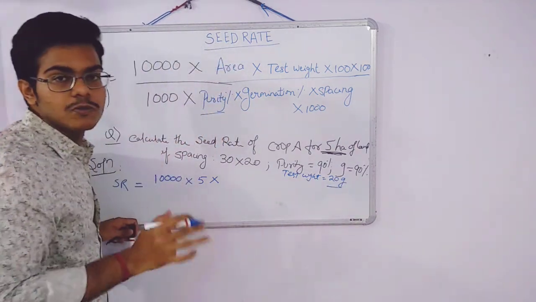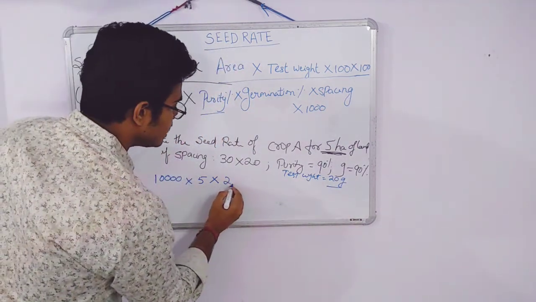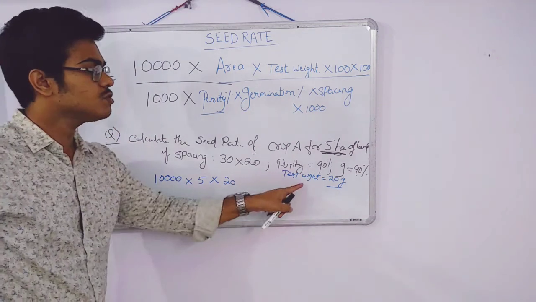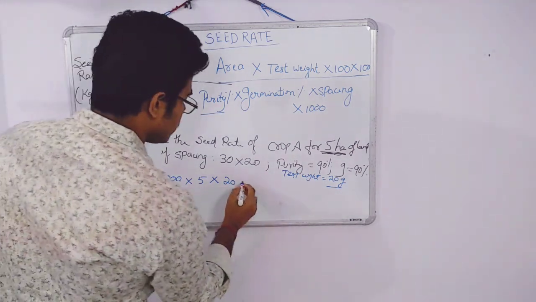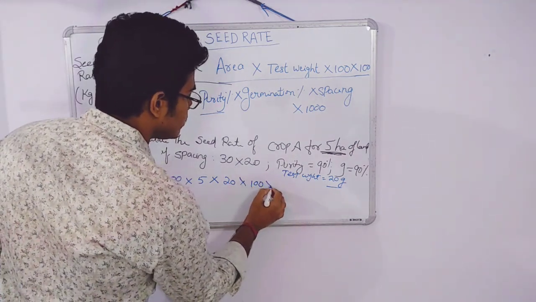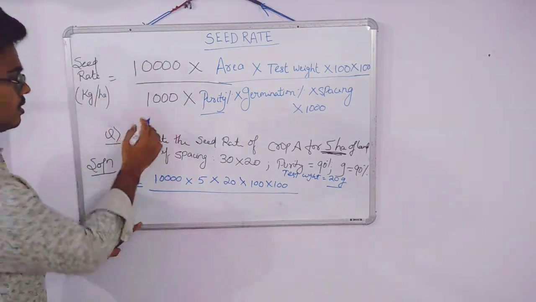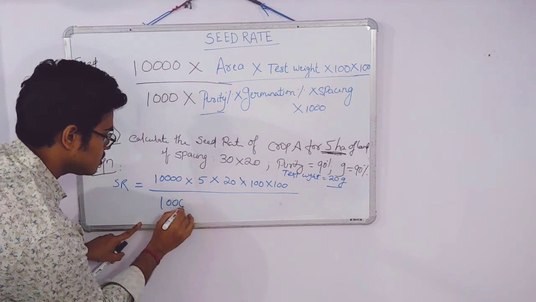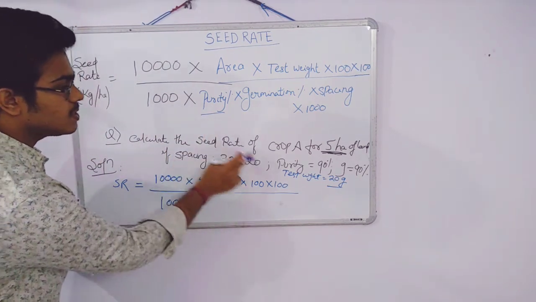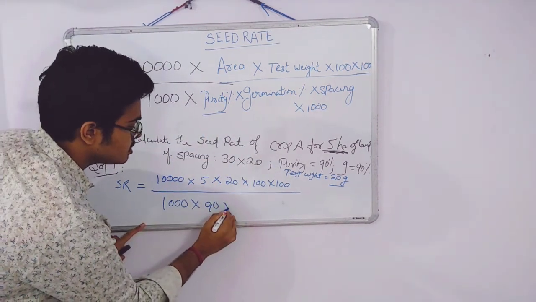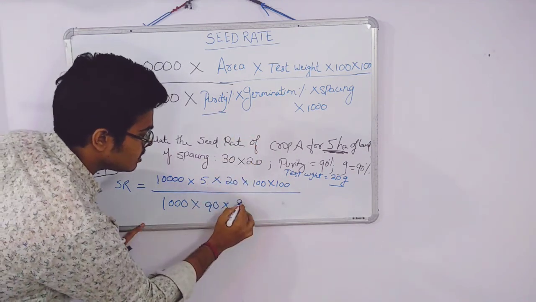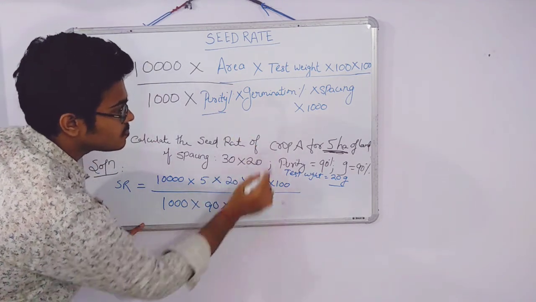It should not be converted into kgs. Test weight should always be in grams. Into 100 into 100 by 1000 into purity percent, given as 90, germination percentage, given as 90, into spacing, which is given.